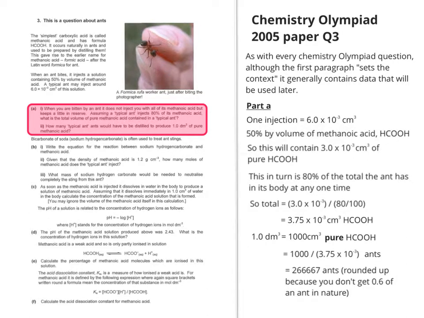So that gives us 1,000 centimeters cubed divided by the volume in one ant. That means we'd need 266,667 ants. It's actually 266,666.6, but obviously you don't get 0.6 of an ant running around in nature, so I've rounded it up to take care of that.